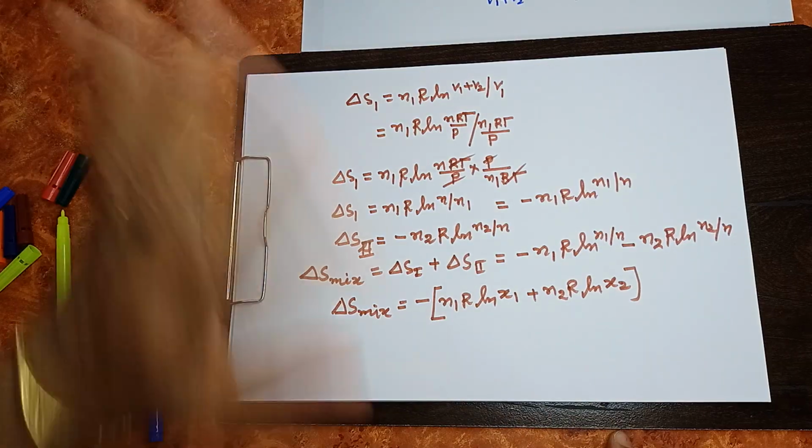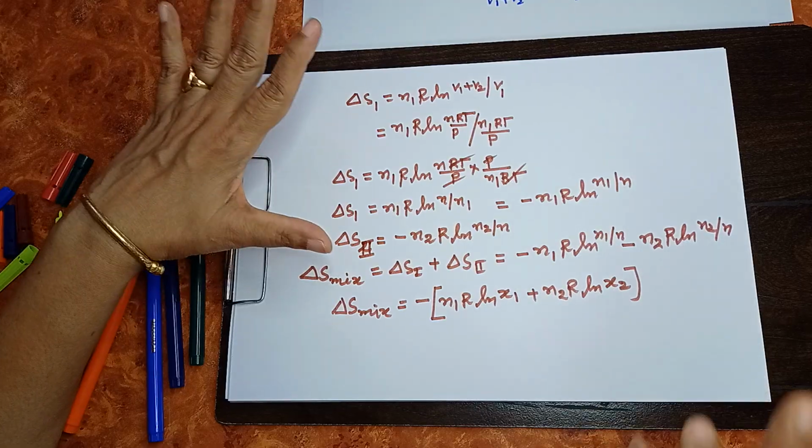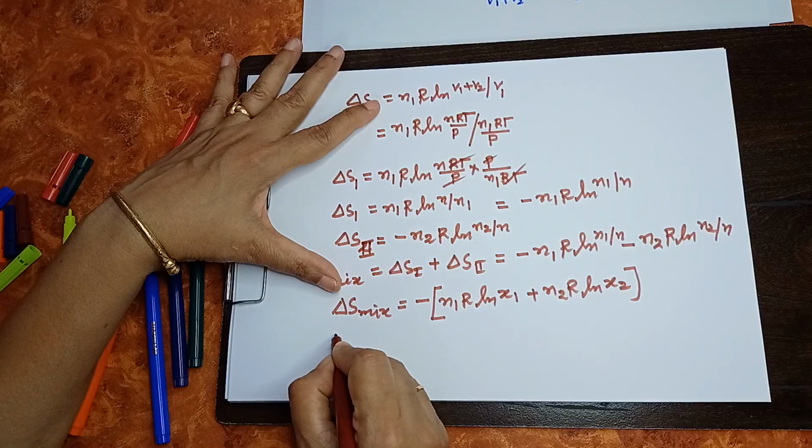A little more I'll modify this equation. I'll divide and multiply by the total number of moles, that is N. Then what will it be?